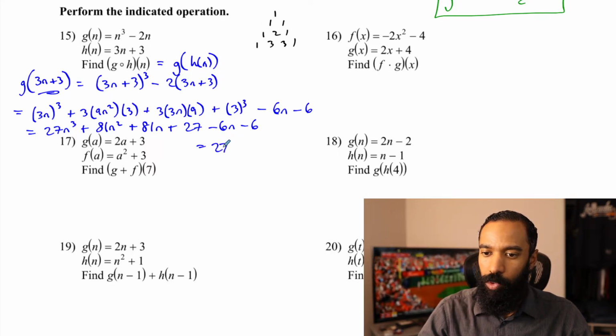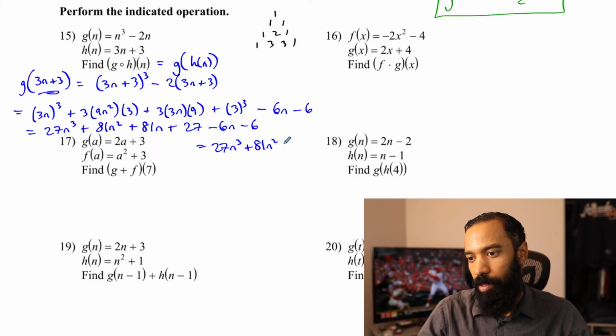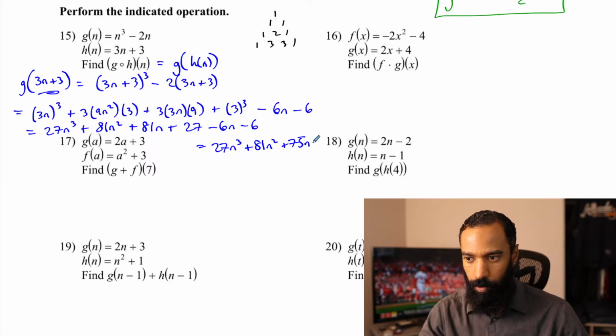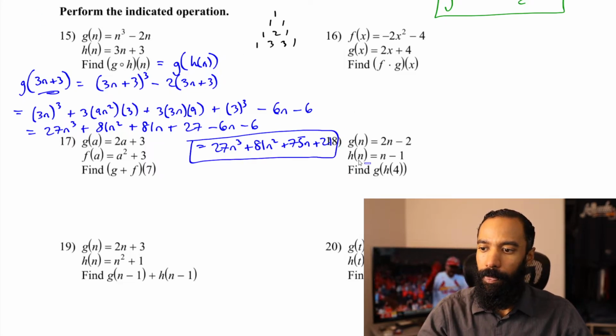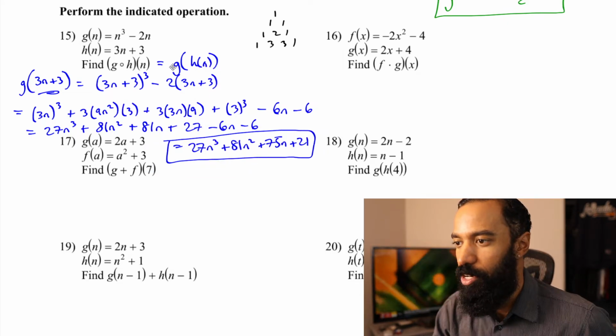Combine like terms, you get 27n cubed plus 81n squared plus 75n. 81 minus 6n. 27 minus 6 is 21, plus 21. There you go. All right, there's an expansion.